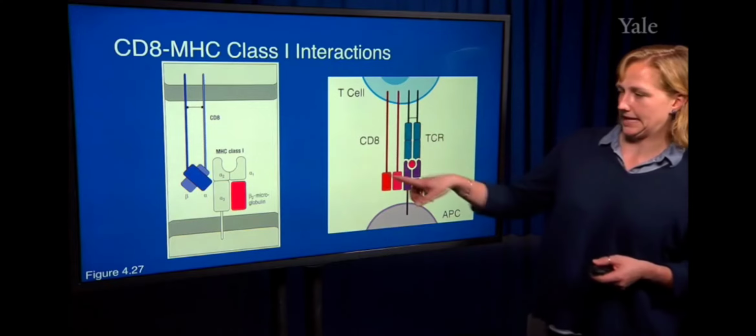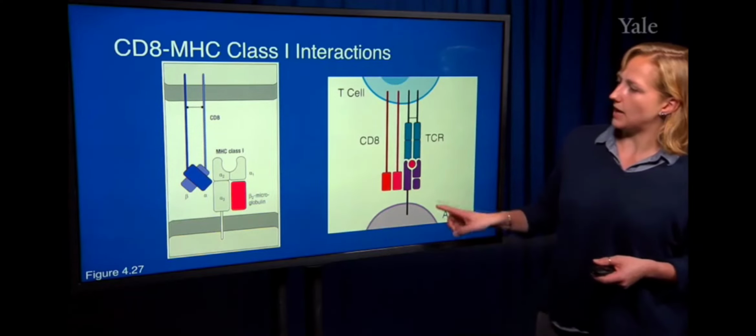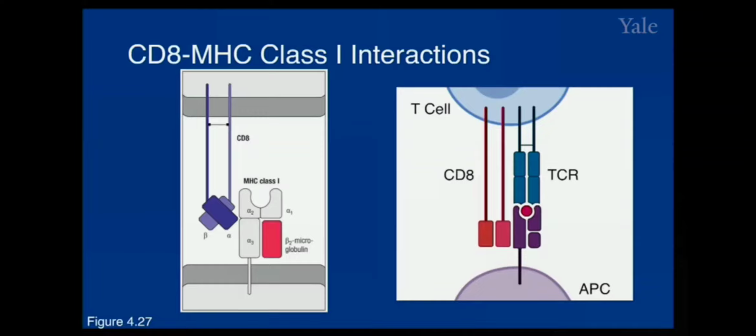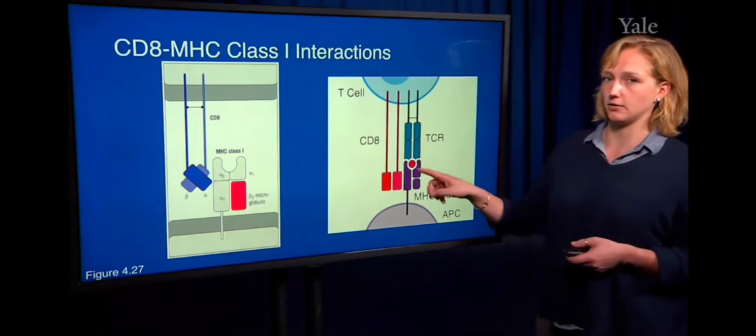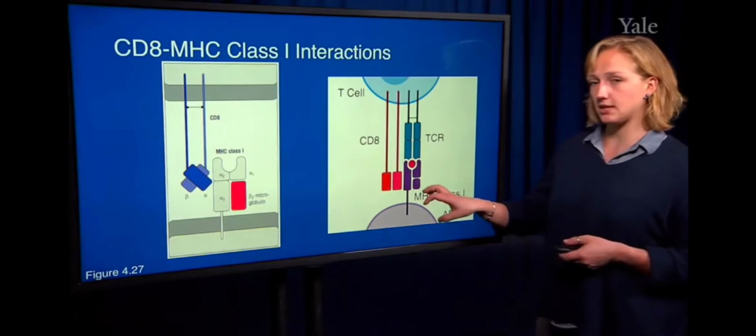So again, we have our MHC class I molecule, which is loaded with a viral peptide, our CD8 stabilizing the interaction between the MHC class I molecule and the T cell receptor and the T cell. This stabilization between CD8 and MHC class I allows for tight interactions between the MHC molecule and the T cell receptor molecule.